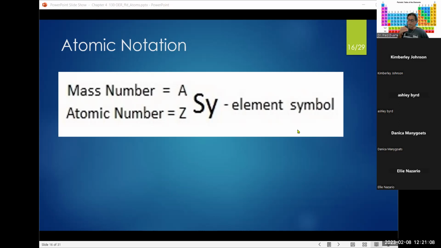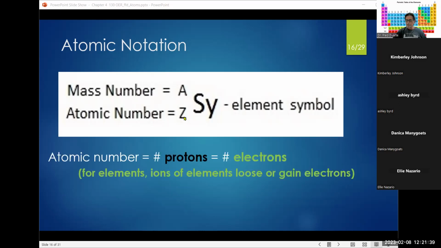And on the bottom left, the subscript, Z denotes the atomic number, which is also a whole number. The symbol is in the center, like SY for the symbol, and that will be the notation. Keep in mind that the mass number in this format is always much, much bigger than the atomic number.